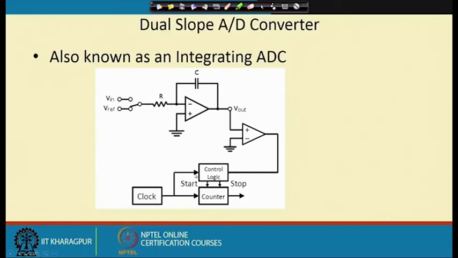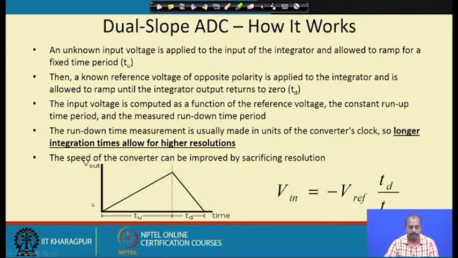For Tu amount of time this switch remains in this position. As a result, this integrator output, so this is an integrator configuration, will be increasing like this. So, it is charged, it is allowed to ramp for a fixed amount of time Tu.